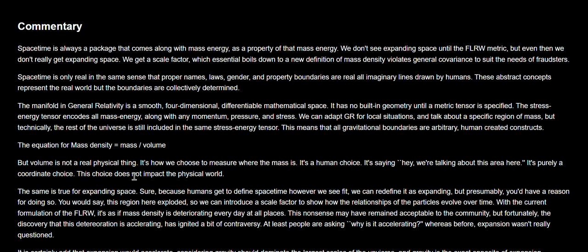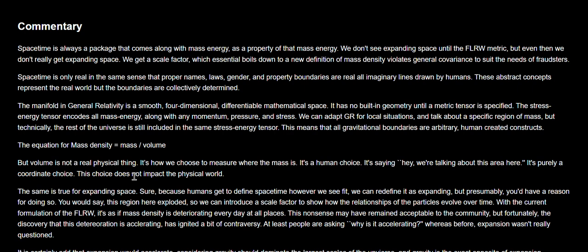Take the equation for mass density, for instance. Mass density equals mass divided by the volume. Volume is not a real physical thing. It's a geometrical concept. It's how we choose to measure where the mass is. It's a human choice.